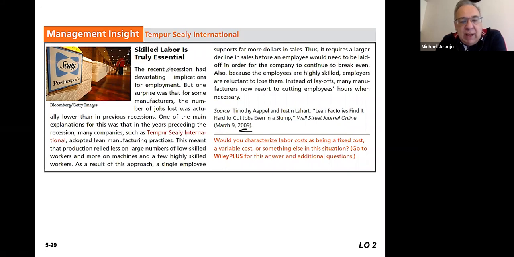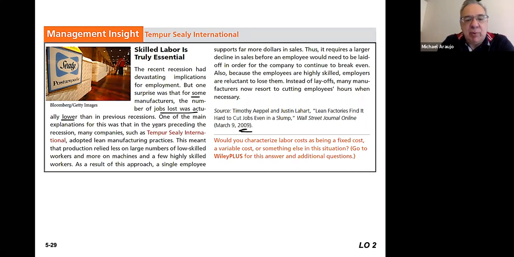So one thing about recessions is we tend to see really dramatic losses in business activity and jobs and so forth. But this here said that one surprise was that for some manufacturers, the number of jobs lost was actually lower. Why was that?